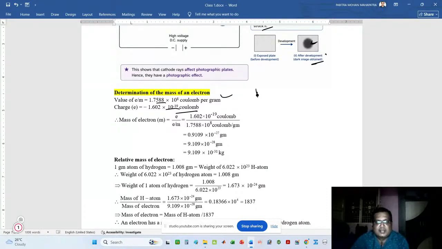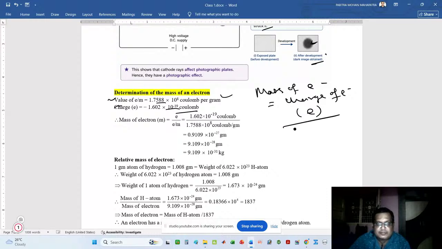Using these two data, I can find the mass of the electron. Mass of electron means charge of electron, that is e, divided by the specific charge of the electron.